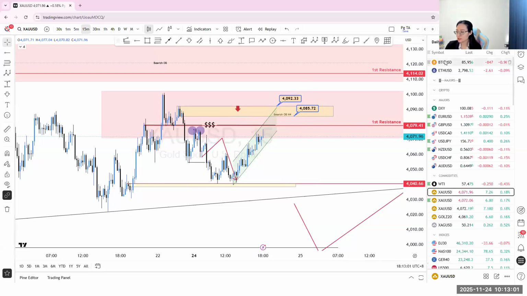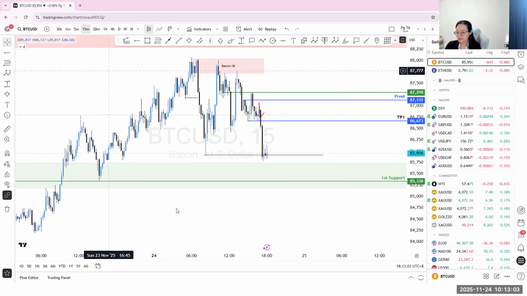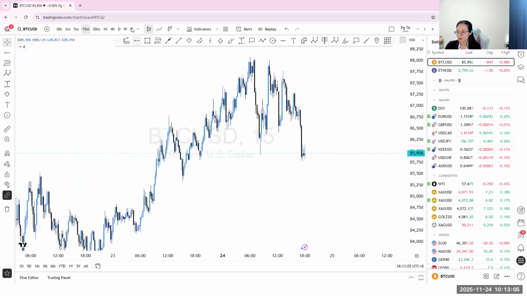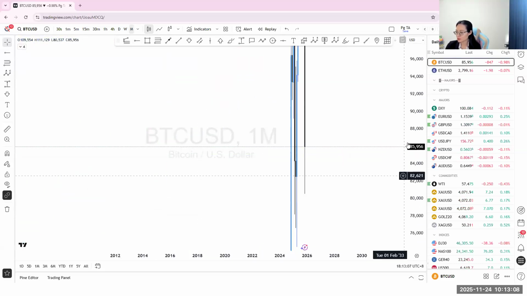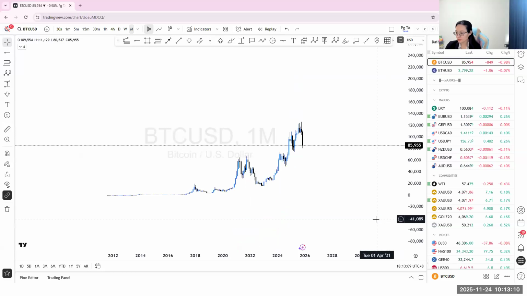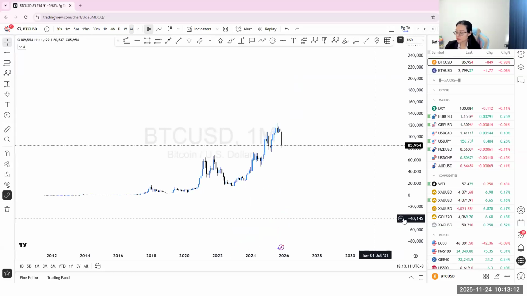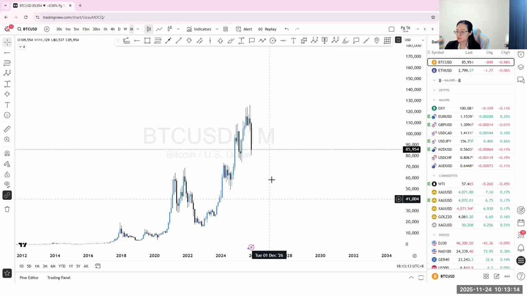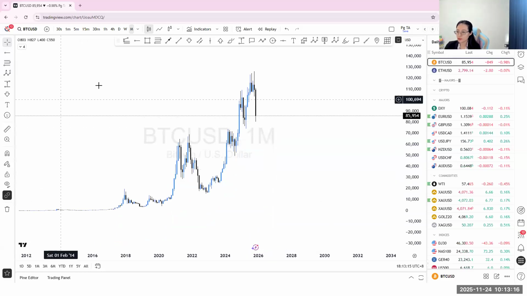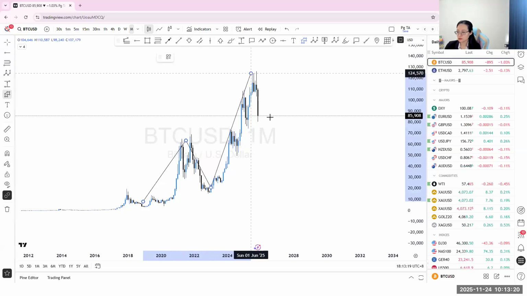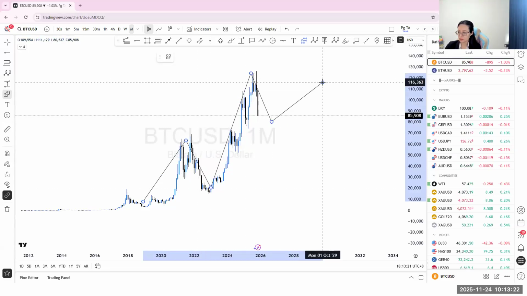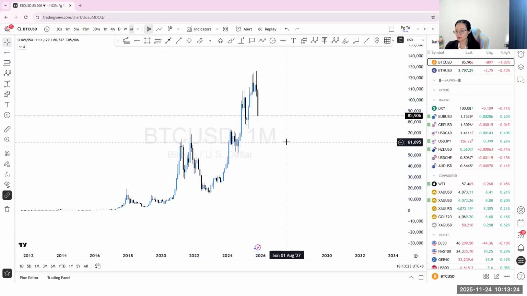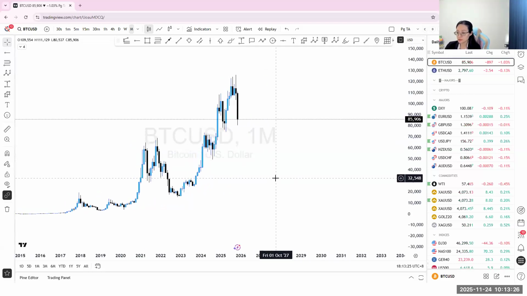BTCUSD. Whoever buys BTC, you're going to have a high edge. Remember, we're going to do the market time frame analysis based on BTC. I don't count Elliott waves 1, 2, 3 in BTC, because BTC is very volatile.